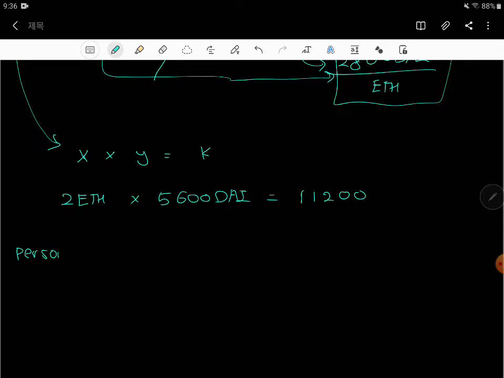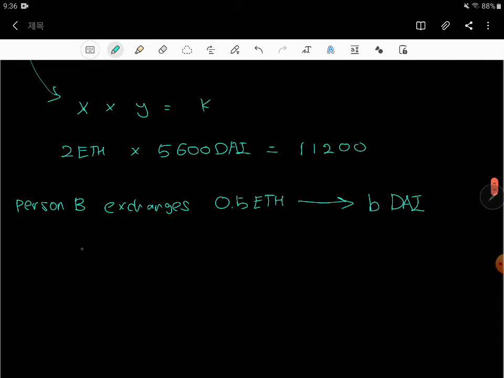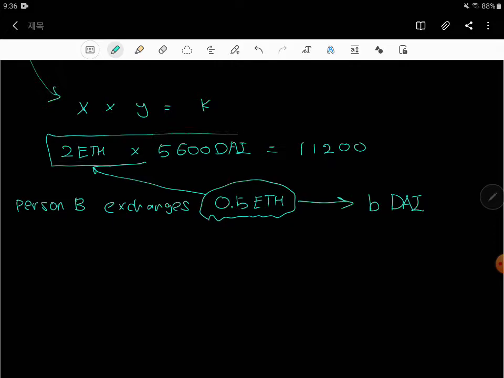Okay, so person B wants to exchange 0.5 ether to B number of DAI. So he's putting 0.5 ether to the pool A here.